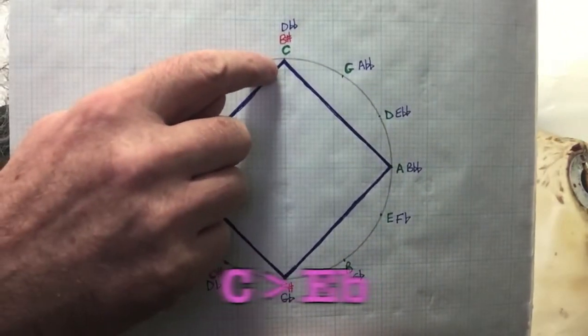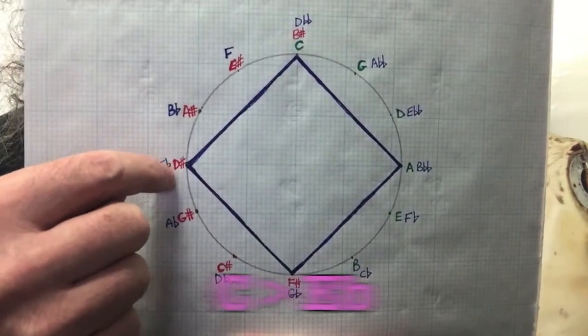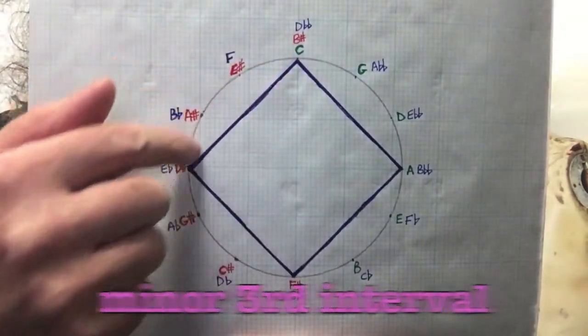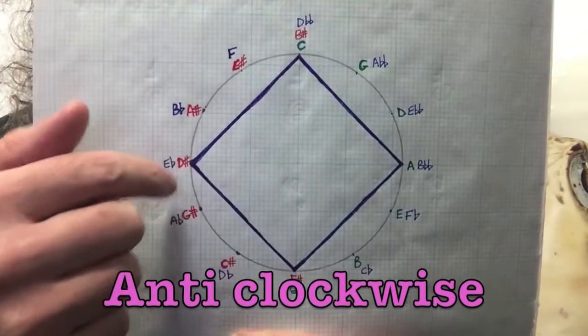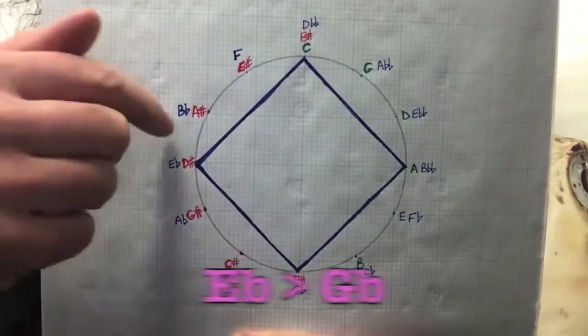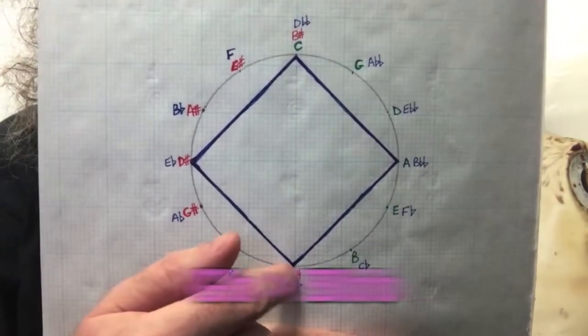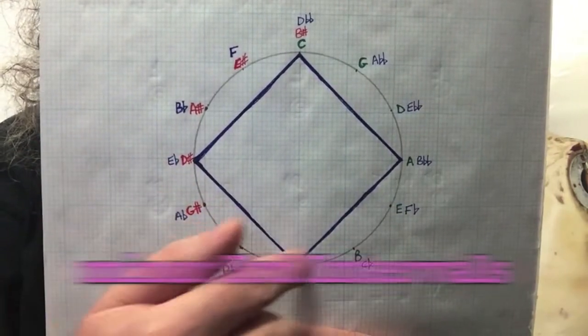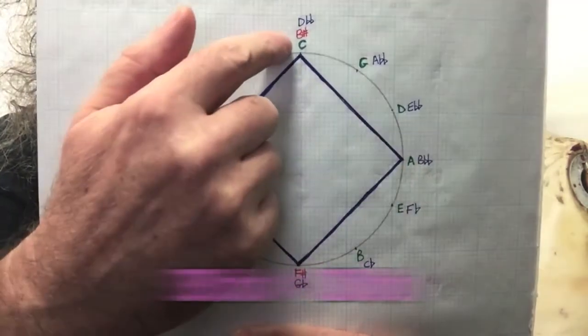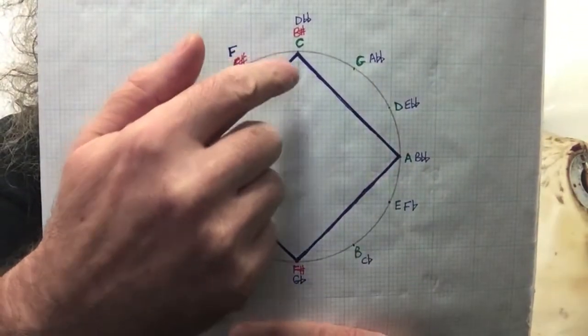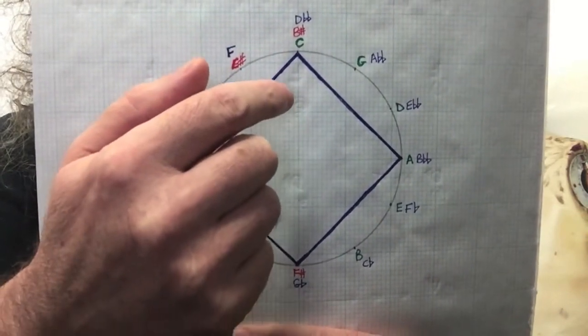Starting at the top, we've got C to E flat is a minor third. We're going counterclockwise or anti-clockwise. E flat to G flat, still going anti-clockwise. G flat to B double flat. These are all minor third intervals, and B double flat to D double flat is another minor third interval. Coming back the other way, I'm going to explain it this way.